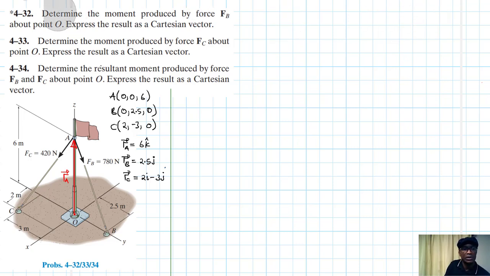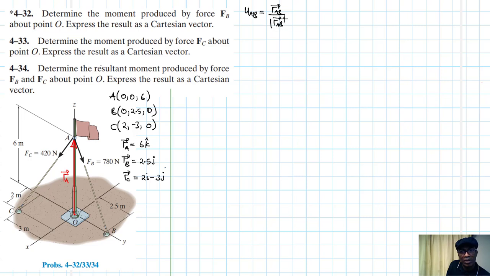So let's start with unit vector AB. Unit vector AB is equal to RAB divided by its magnitude.